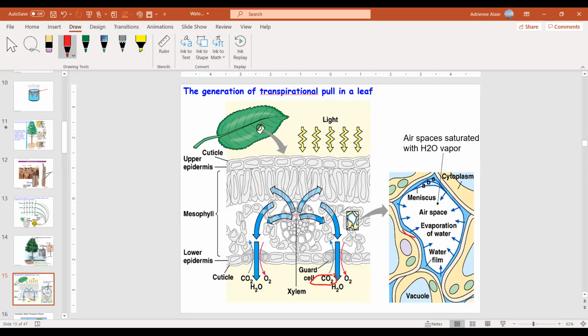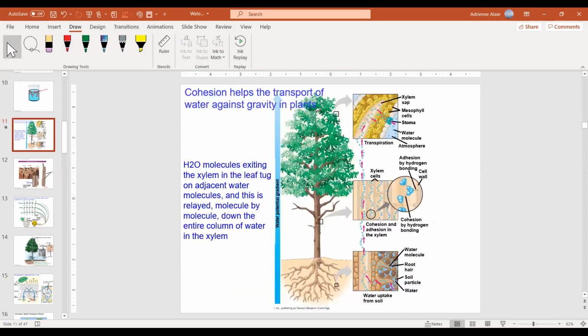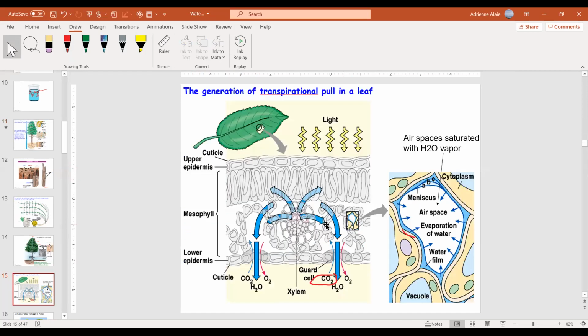So here's the xylem in cross section. And so the loss of water from the space pulls water out of the liquid, basically, and evaporates it into the space to replace. And then this is going to be transmitted all the way down. Then we go to this. We say, water molecules exiting the xylem into the leaf, because that's what you see here. You see water molecules exiting the xylem into the leaf, and once the stomata are open, then they leave.